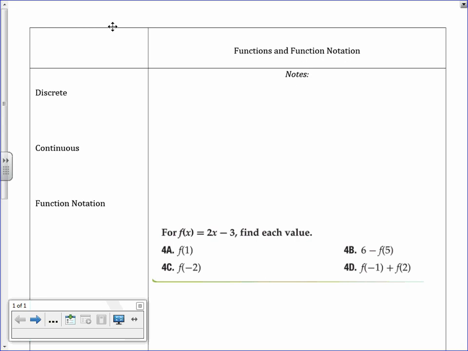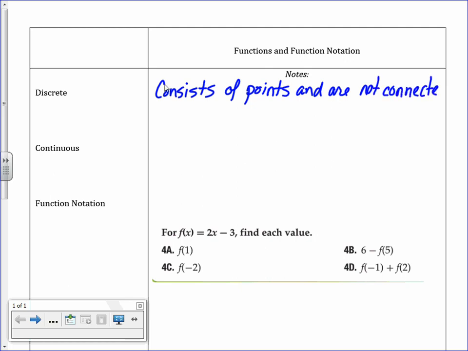A discrete function consists of points and are not connected. Okay, so if points are just given, you don't necessarily have to connect those.